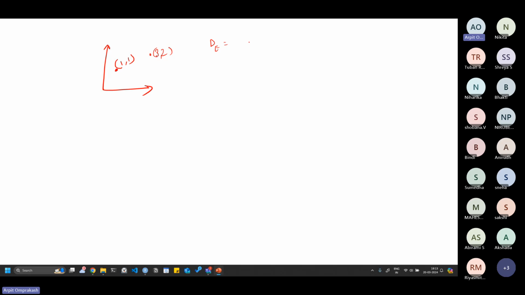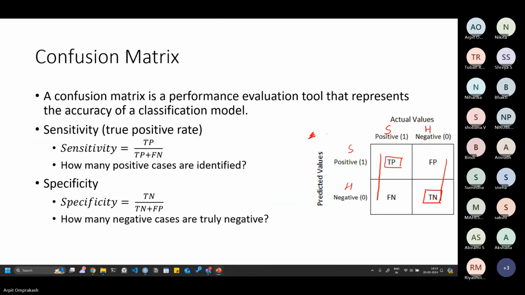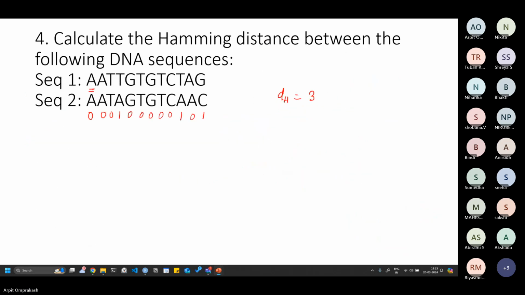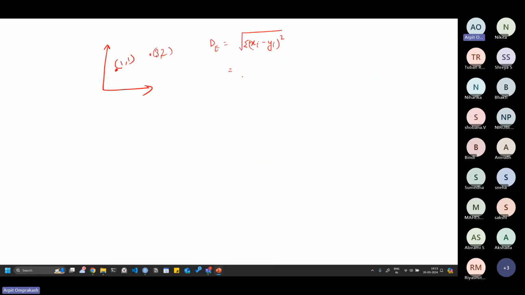Euclidean distance is given as the square root of the sum of (xi minus yi) whole square. So basically 1 minus 3 whole square plus 1 minus 2 whole square, all under the root. It's 2 square plus 1 square, 4 plus 1, root 5.